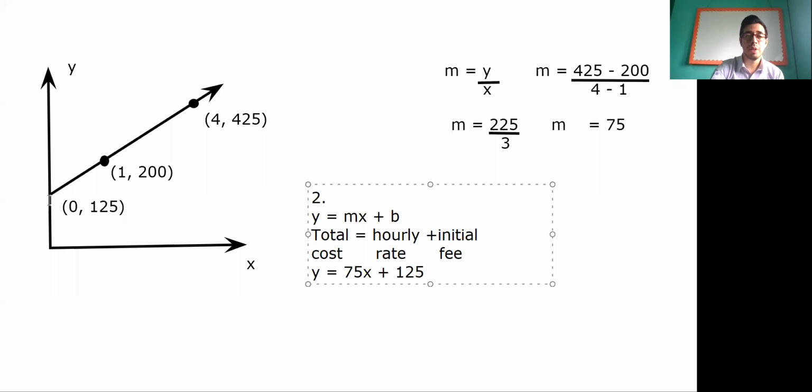When you have the intercept, it's 0 for the other variable. Now this is the equation I was looking for. Y equals 75x plus 125. This is the cost, and x is going to be the number of hours.